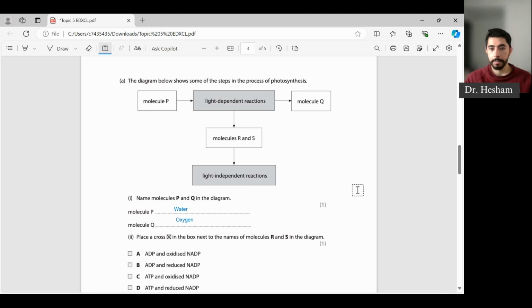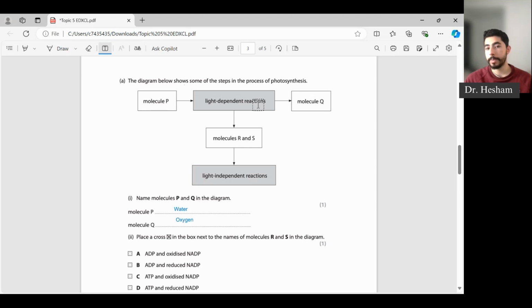So this is a fairly simple question. They drew the whole process of the light-dependent reaction in a flow chart. This is the actual reaction. Molecule P is coming into the reaction, so it's being used in the reaction.